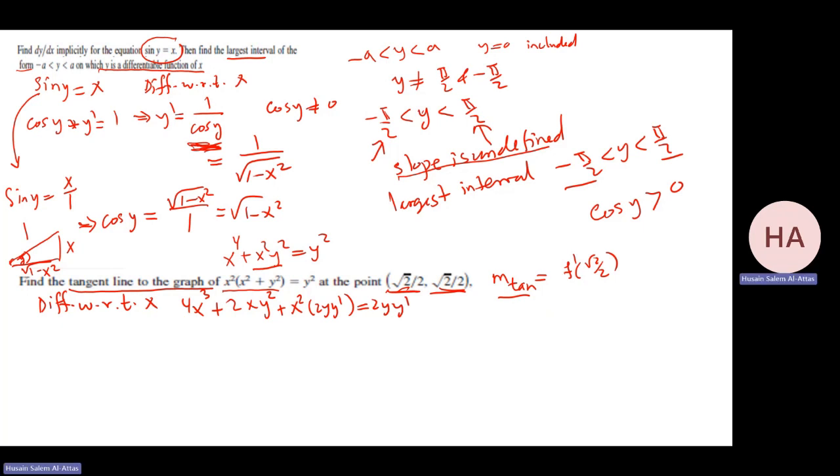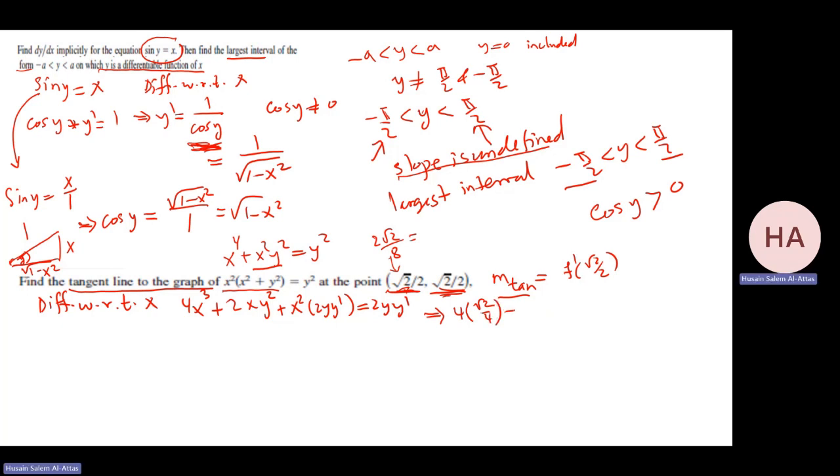I can substitute right away. Sometimes it will help. Okay. Now I have x equal this and y equal this. So that means what? 4 x cubed will be 4 times the cube of this, 2 root 2 over 8, and that will be root 2 over 4.